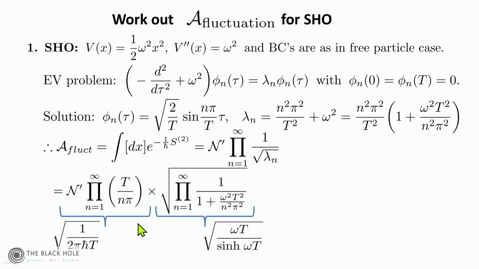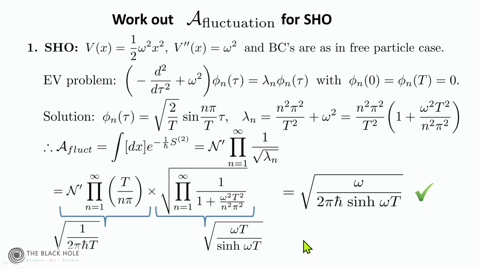By the way, this was worked out by Euler some 200 years ago, I don't know. But this infinite product then is in terms of hyperbolic sine in this way, standard stuff. And just multiply them together, you get the fluctuation amplitude for the harmonic oscillator.